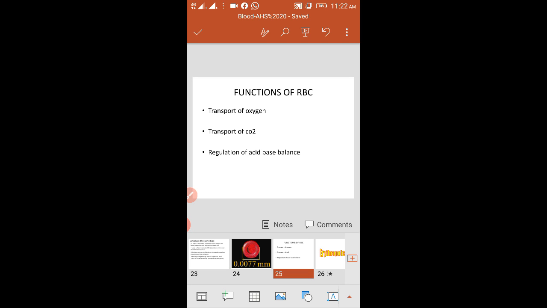For functions of the RBC, mainly there are three functions. One, the transport of oxygen and carbon dioxide: oxygen from lungs to tissue and carbon dioxide from tissue to lungs.